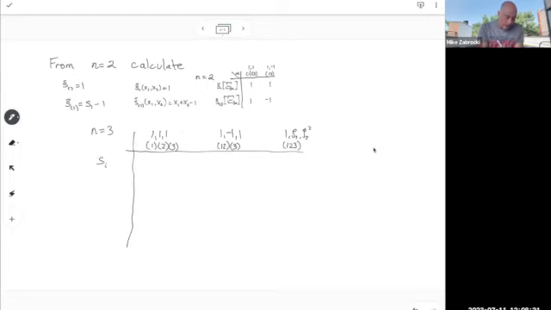Then S empty tilde evaluated at these eigenvalues is just 1. S1 tilde evaluated at the eigenvalues is the sum of the eigenvalues minus 1.